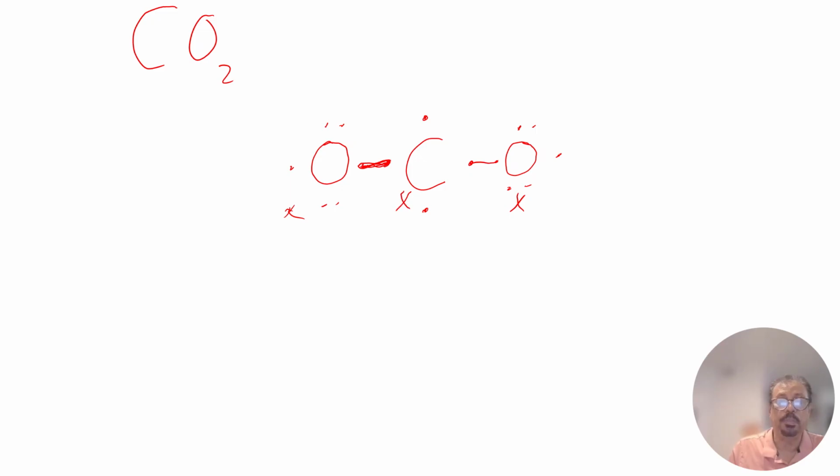So this doesn't work. Let us move this electron and this electron to here. What about this electron? Also move it to here. And this electron is going to be moved to here.